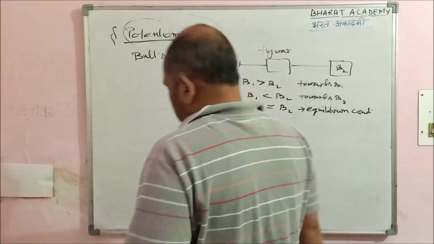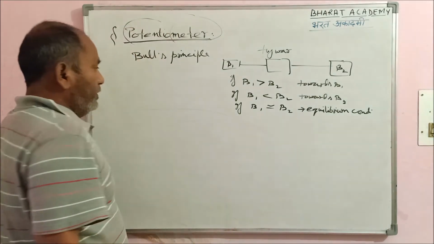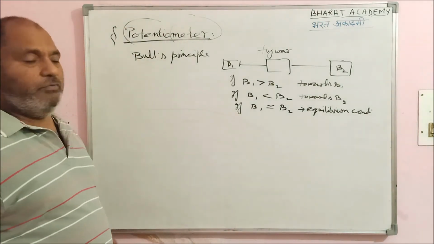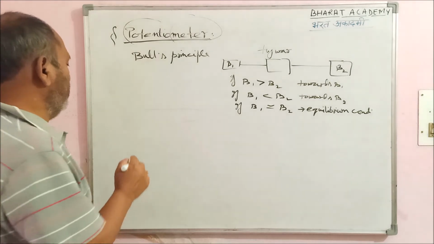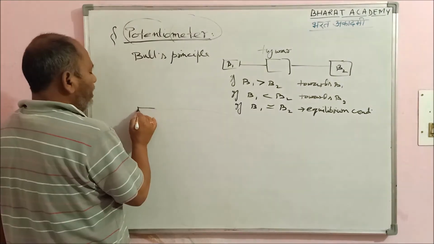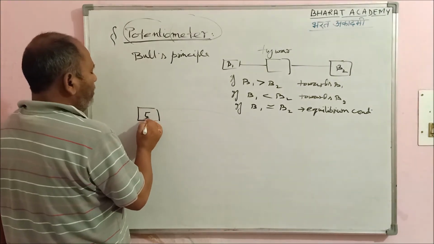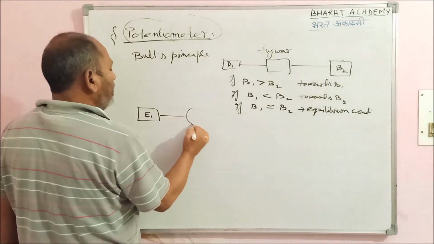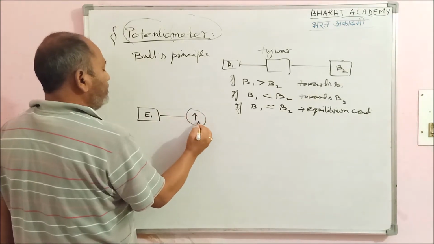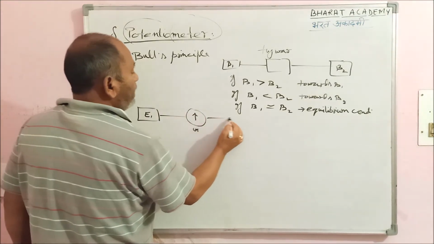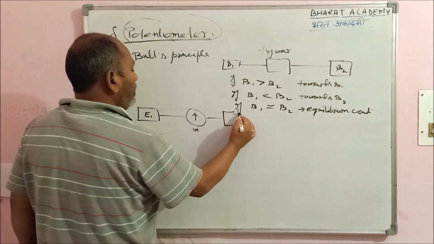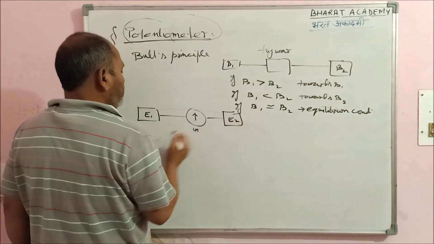Keeping this in view, instead of bull, if we apply two cells of different EMF, let it be E1, and I am connecting a galvanometer here, and E2, the second cell, right?